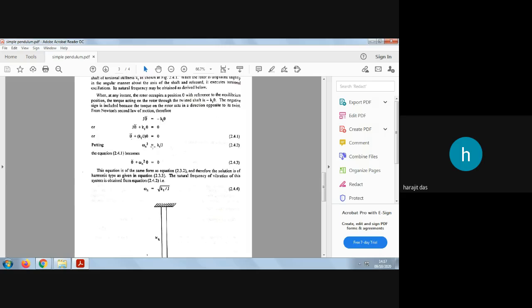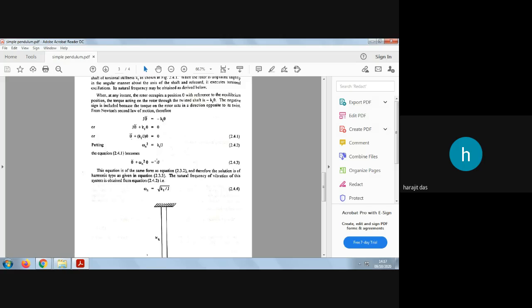So omega n square is Kt by I. The equation can be written as theta double dot plus omega n square theta equals 0. Now this equation has the same form as equation 2.3.2, the simple pendulum equation, and its solution is also harmonic.